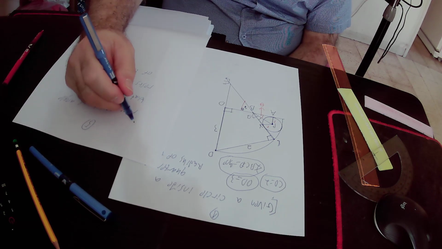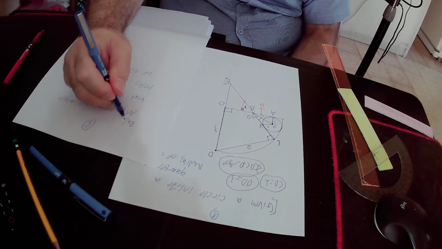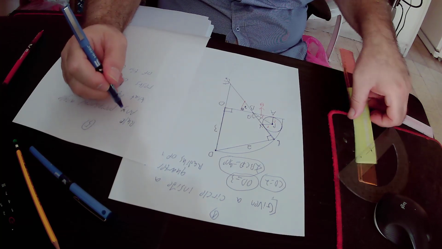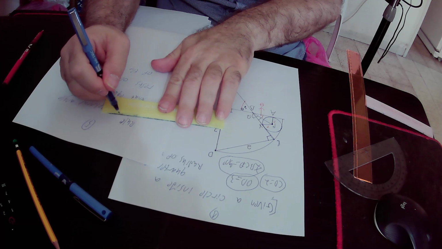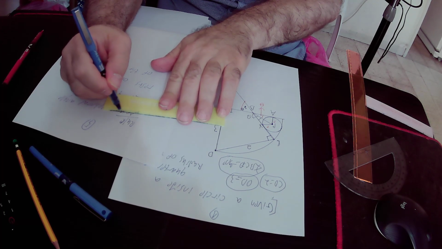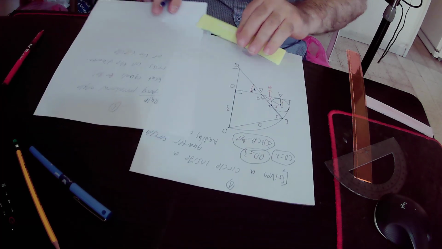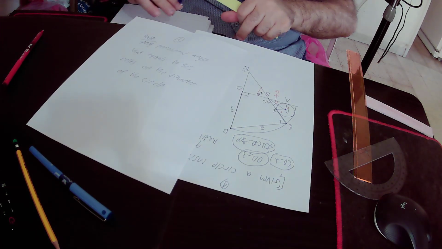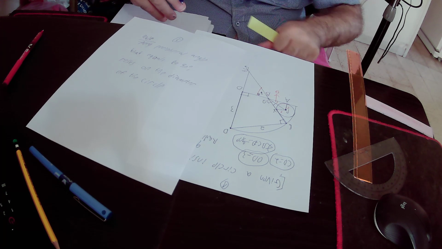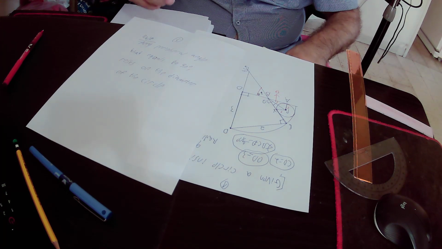Okay, I will read the rule again. The rule states that any peripheral angle that equals 90 degrees rests on the diameter of the circle.